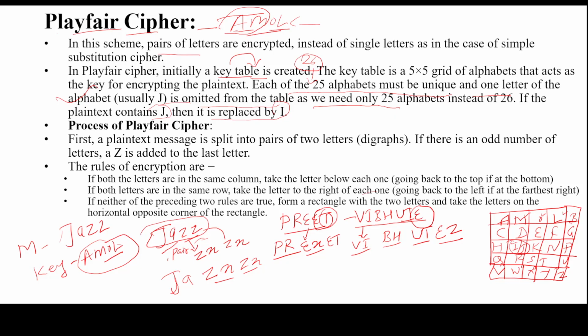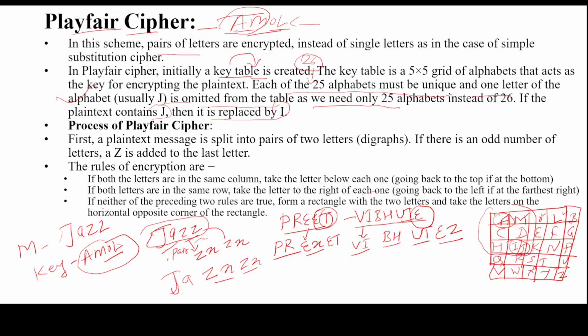And where is the A? A is here. Okay. So if this is the situation, A and J are not in the same column or same row. In that case, what do we have to do? We have to create a rectangle. So for this we are creating a rectangle, like this.